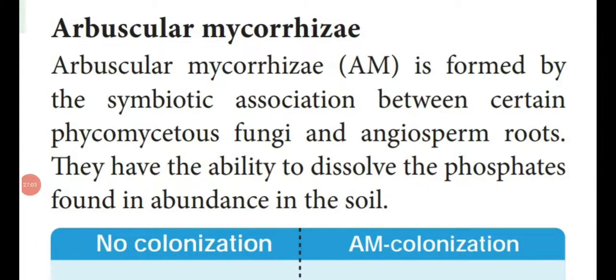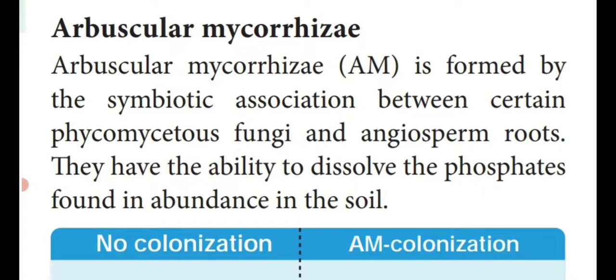Another one is the arbuscular mycorrhizae. What is arbuscular mycorrhizae? A short form is AM. It is a symbiotic association between the root of higher plants and a fungal partner. The fungi belong to the Phycomycetes division.